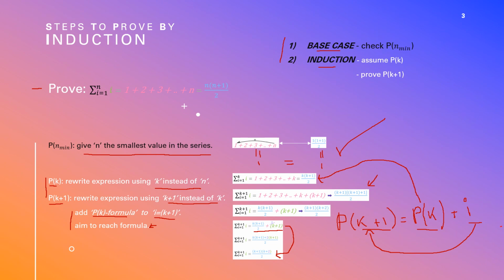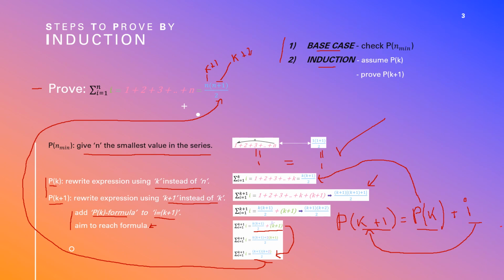So your formula would be k plus 1 times k plus 2 over 2, and this is similar to this one, because your k plus 1 would be n, so this would be k plus 1, and this would be k plus 2, and then you have it over 2. You proved P of k plus 1.